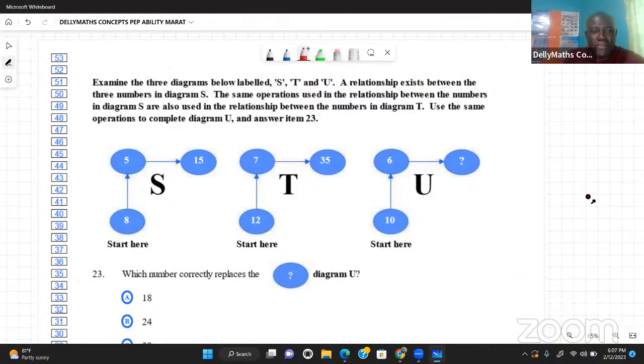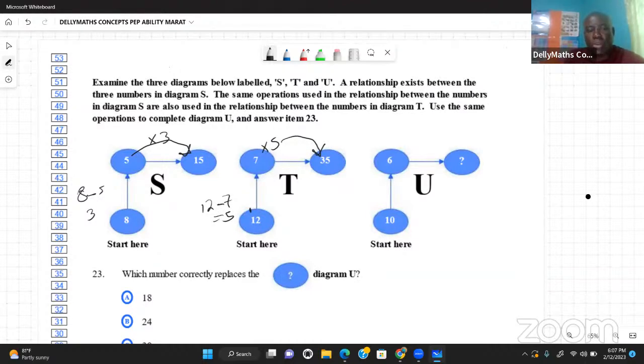Here's the thing. If I subtract, let me use a black, if I say 8 minus 5, I'll get 3. And then 3 times 5 gives me 15. If I say 7 from the 12 here, I'll get 5. And then 5 times the 7 gives me 35.